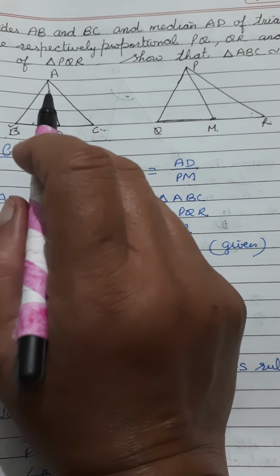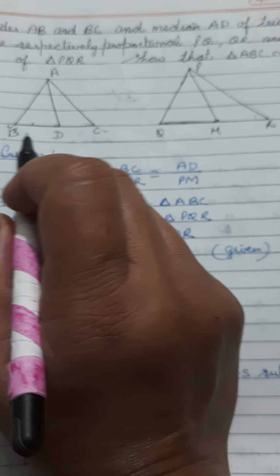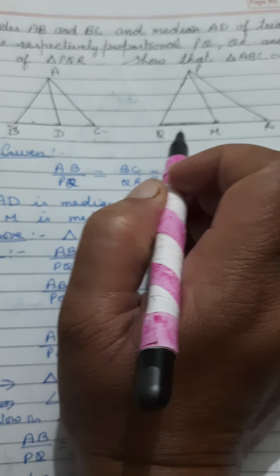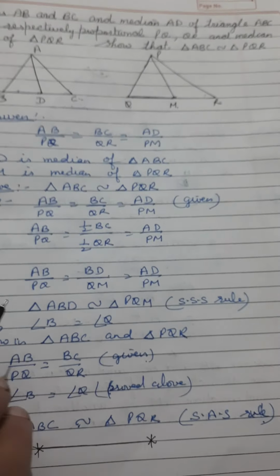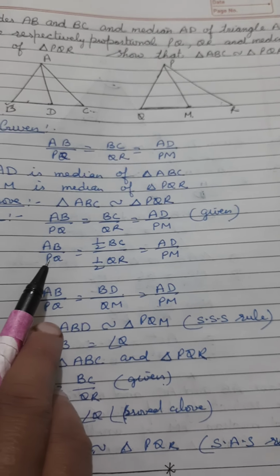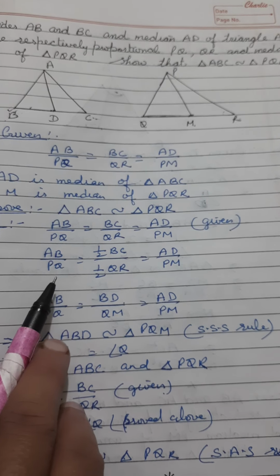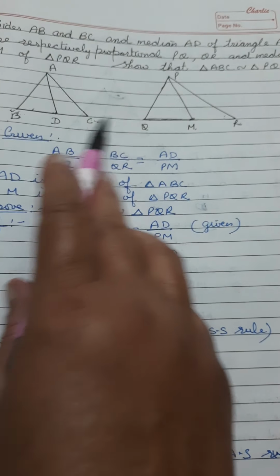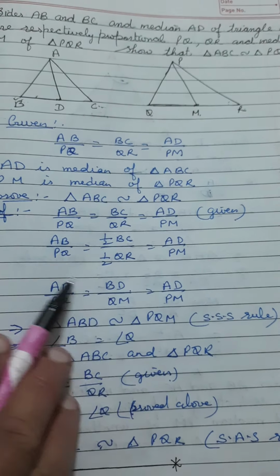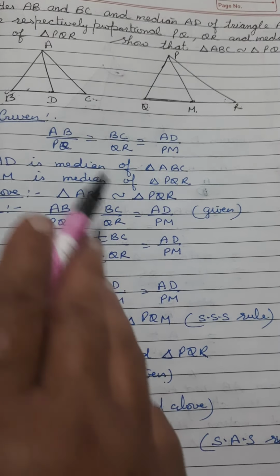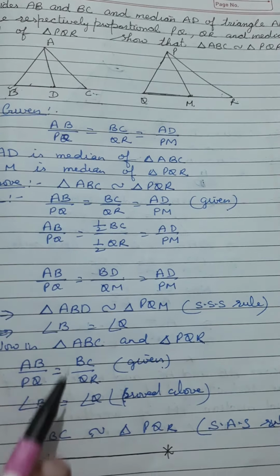Then it can be written as AB upon PQ is equal to half of BC upon half of QR is equal to AD upon PM.